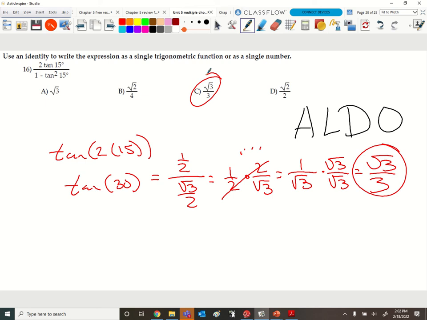Okay, the problem is your tangent squared goes on the outside. Anyone else have that problem, or are they just playing with their phone instead?